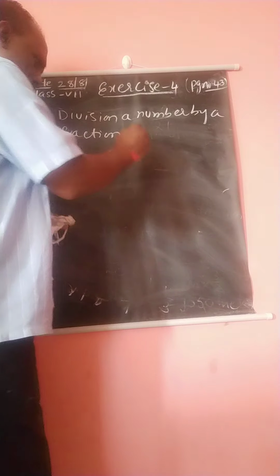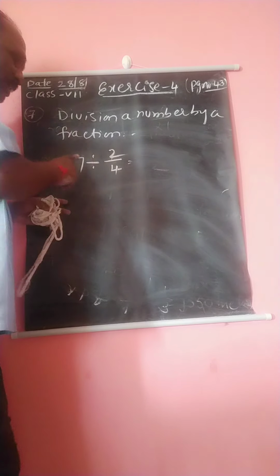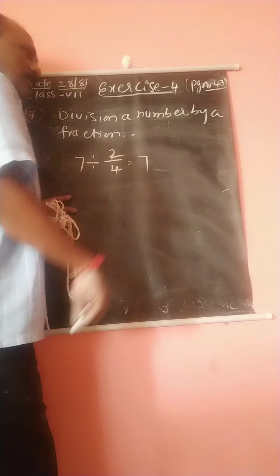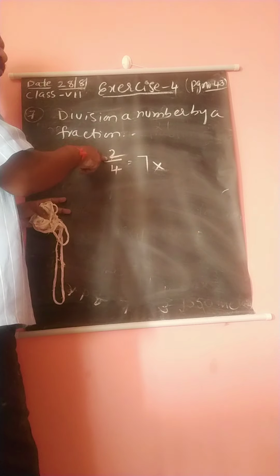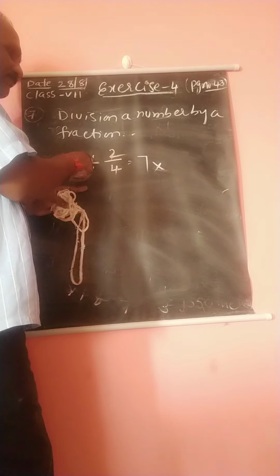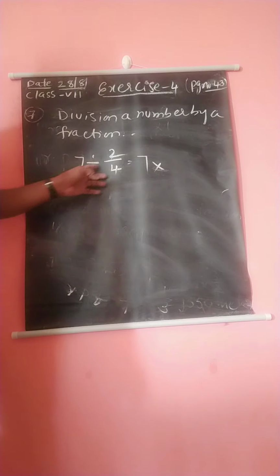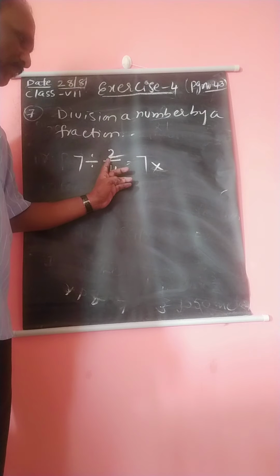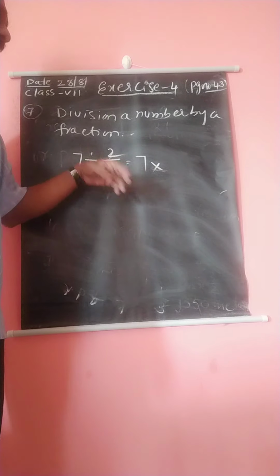But division of a number by a fraction is very simple. It is the multiplication of the number with the reciprocal of the fraction. 7. The division converts into multiplication. Once division is converted into multiplication, the next fraction is converted into its reciprocal.